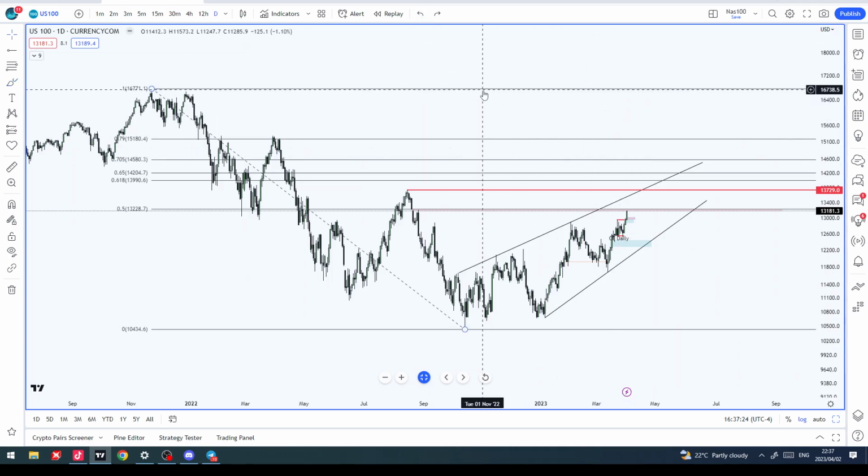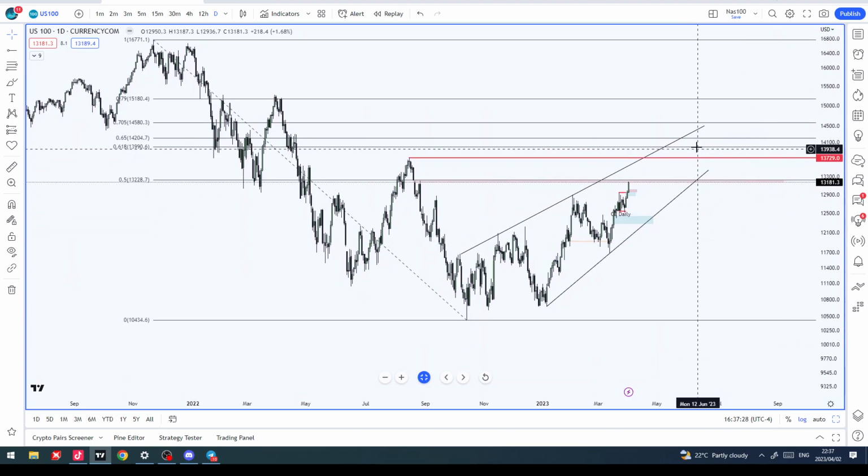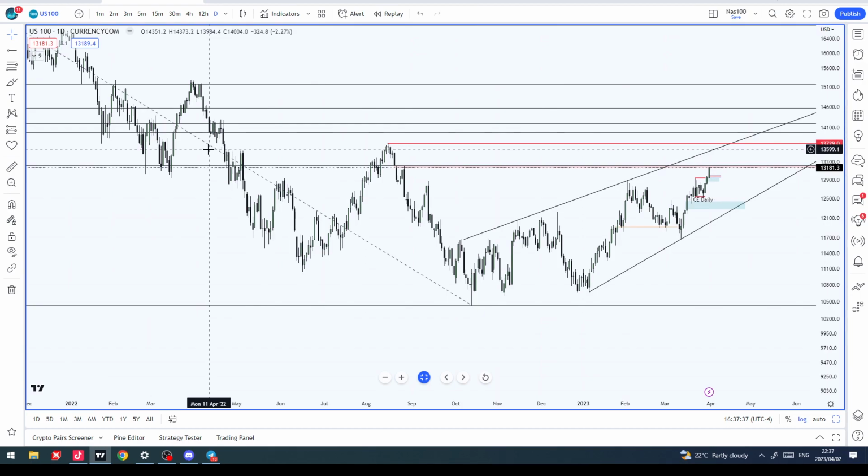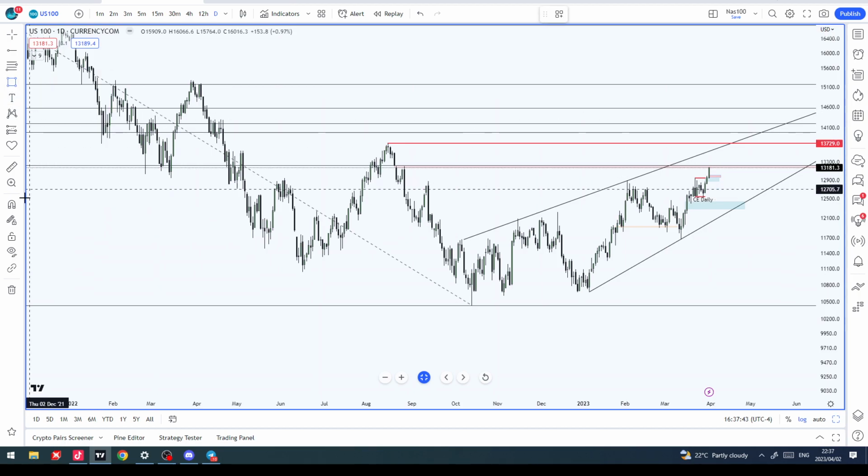We'll leave this fib on, and that's where the imbalance is, exactly at the 50%. So we'll leave it on for now, and we'll target 13.7, see what it wants to do from there. Are there any breaker blocks that we could possibly use? Could possibly use this one here, right?